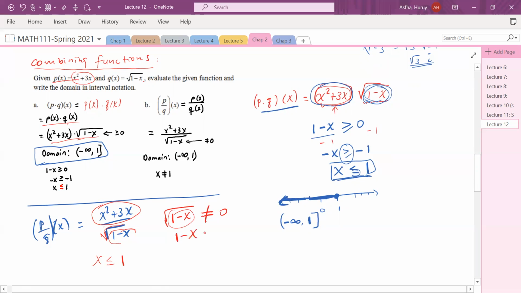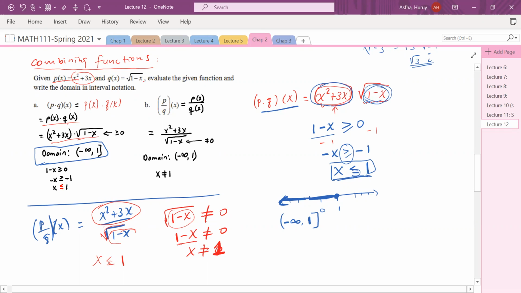This is the same as 1 minus x different from 0, and then x has to be different from 1. Okay, the number that makes this 0 is when x is 1, right? So if x is 1, the whole thing on the denominator will be 0, and the whole function will be undefined. That's why we are putting this restriction.